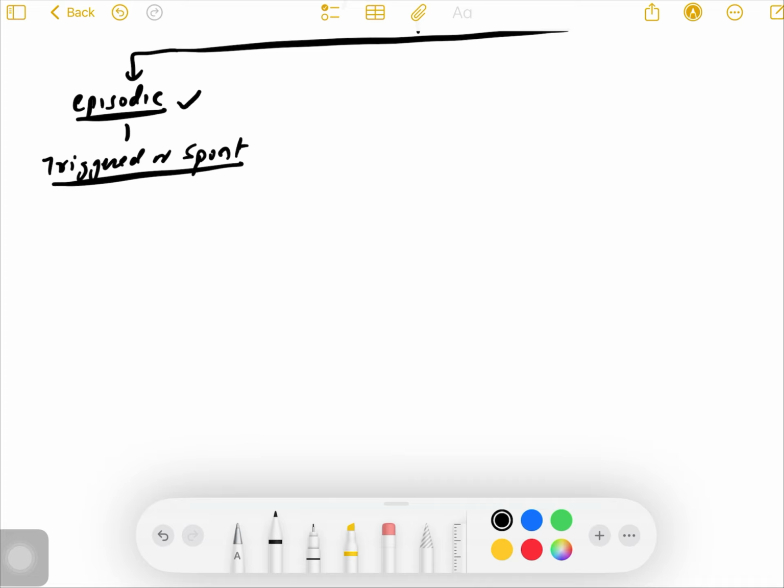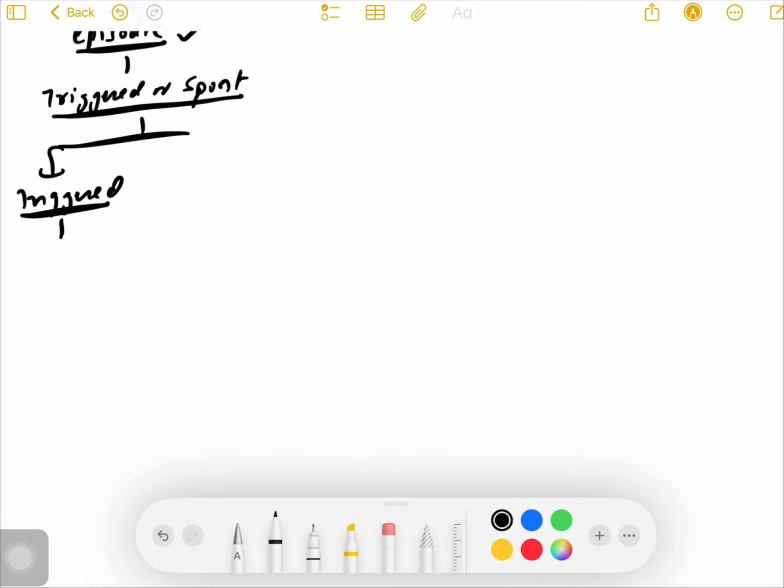If it is episodic and triggered, then we have to find out the result of the Dix-Hallpike test. You can find numerous videos on YouTube on how to do the Dix-Hallpike maneuver.